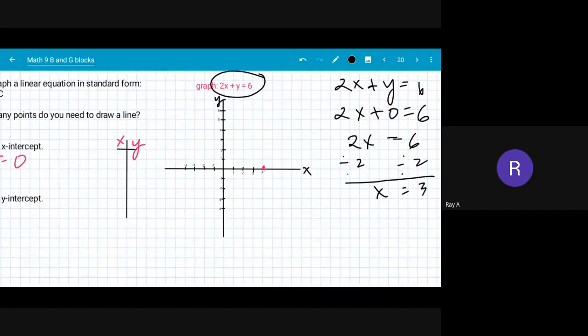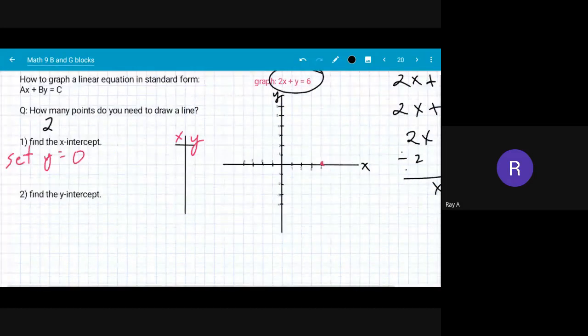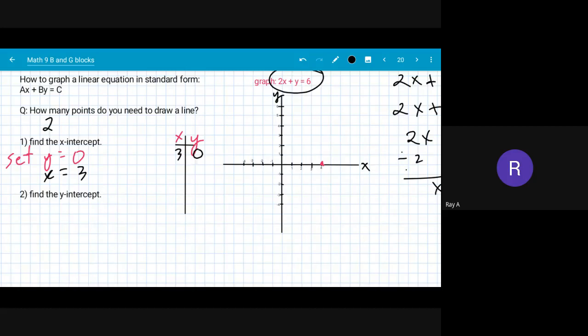What does that mean? When y is 0, x is equal to 3. Or in terms of your input-output table, this is (3, 0), and those two will be your ordered pair.